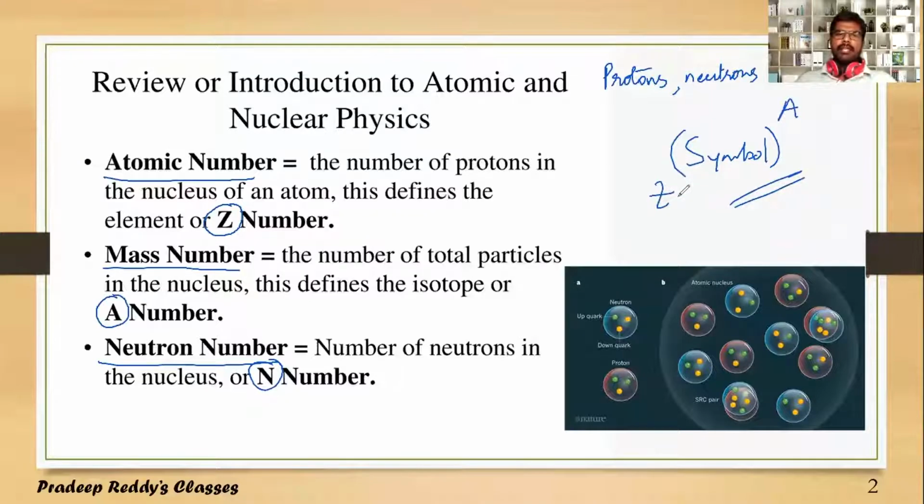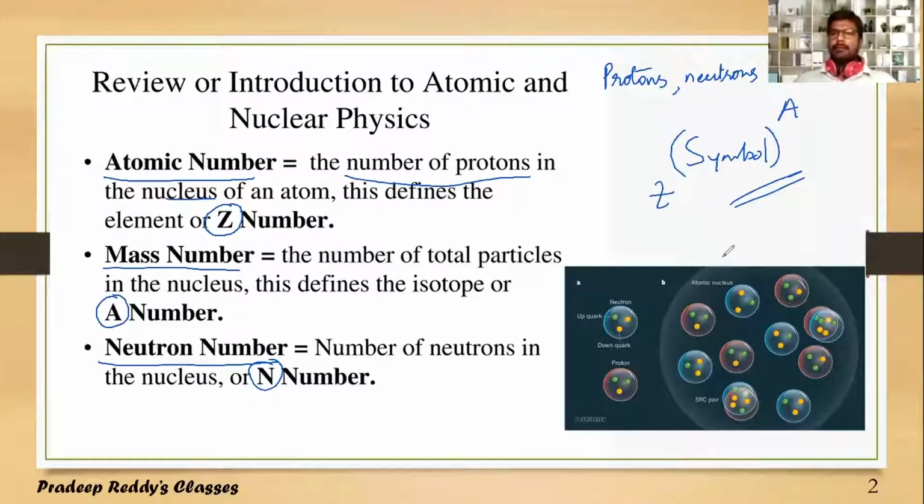Z is the atomic number, which is equal to the number of protons in the nucleus. Whereas mass number is the total number of particles of the nucleus, that is, the total constituents of the nucleus is equal to the mass number.